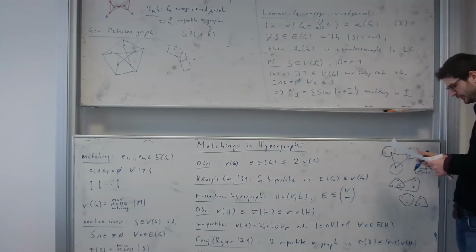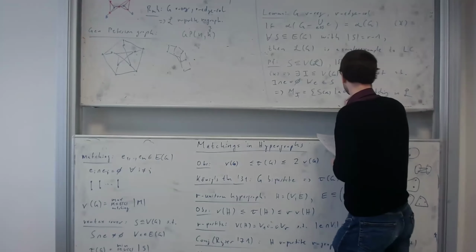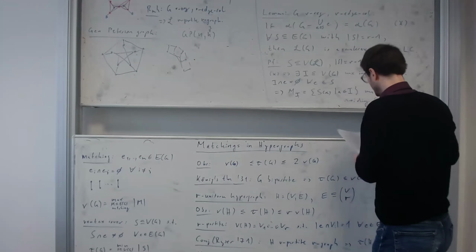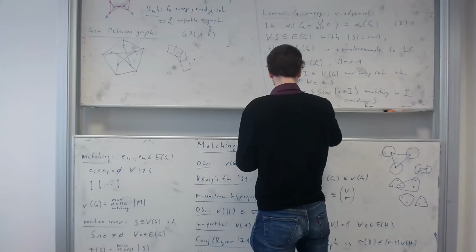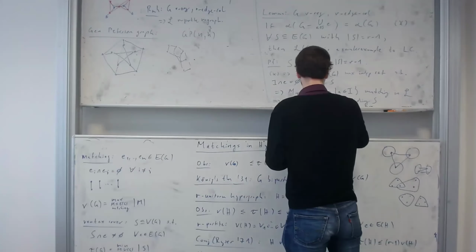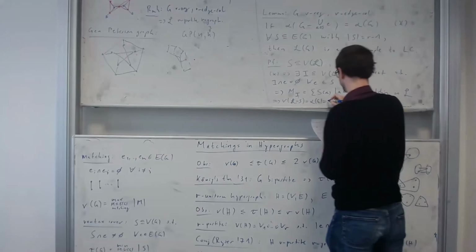So this is how we get a matching in L. And this one is also avoiding S. Well, but then we have now that if we look at the matching number of L minus S, then we still have this matching in L minus S.